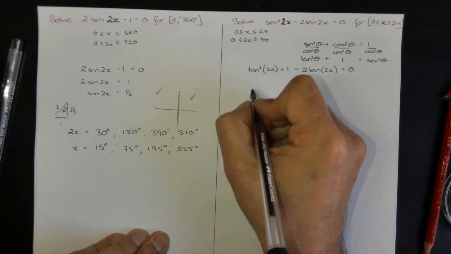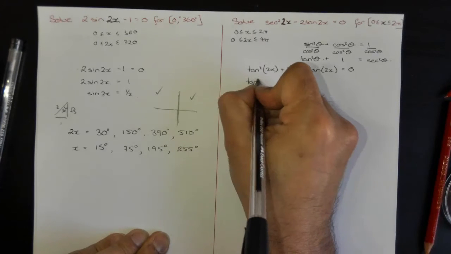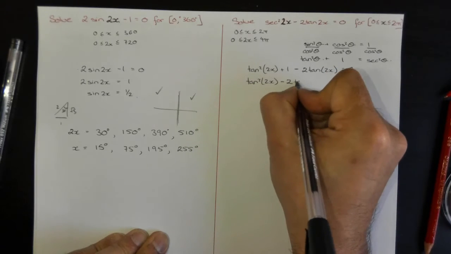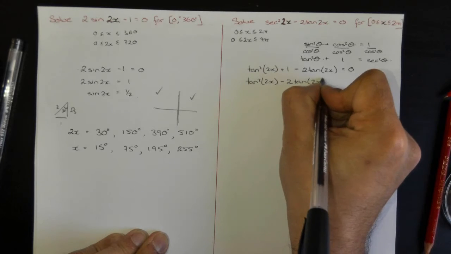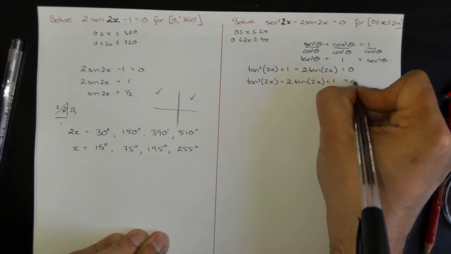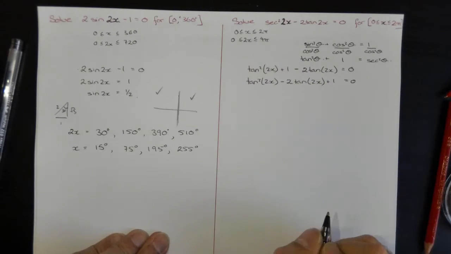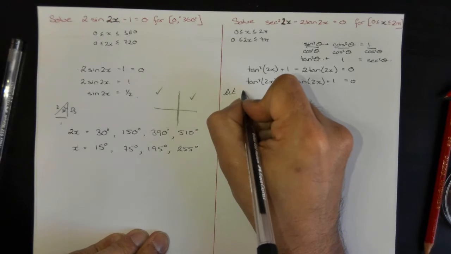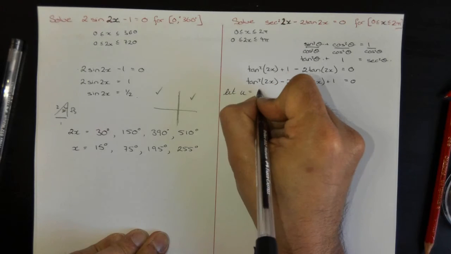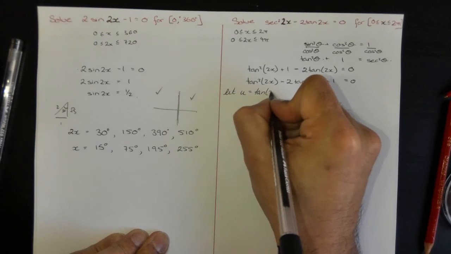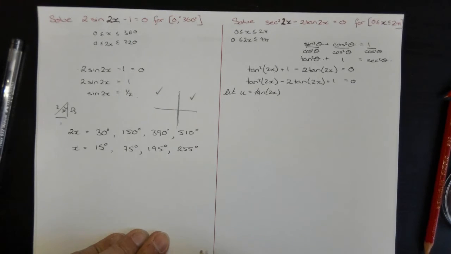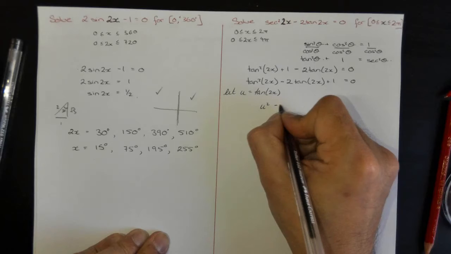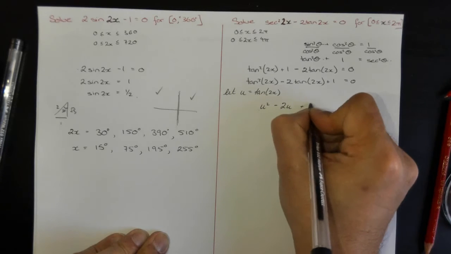I'm just going to rearrange this so we get the powers in order. Now if I let u be tan 2x, for example, what I get is u squared minus 2u plus 1.